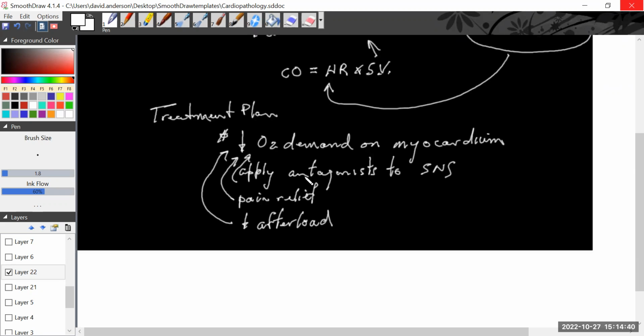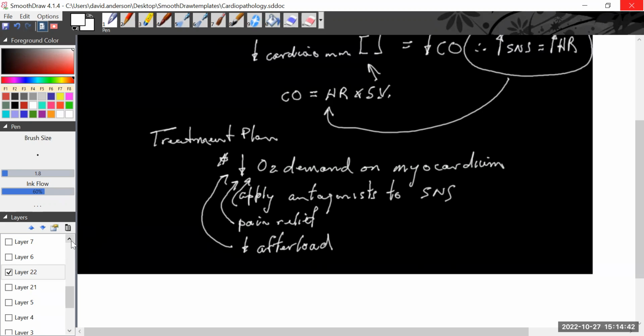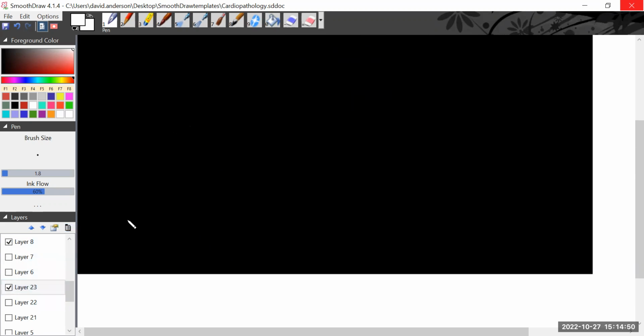Now, the second thing we can do, so in our treatment, first, decrease oxygen demand. Second, increase oxygen supply.